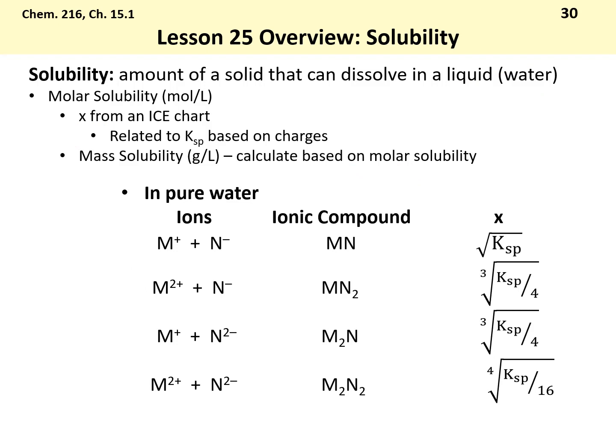All right, there's one last thing the book has, and I don't know how useful it is, but when we say molar solubility is X from an ice chart, well, the value for X is dependent on the charge of my cation, which is positive, and my anion, which is negative.